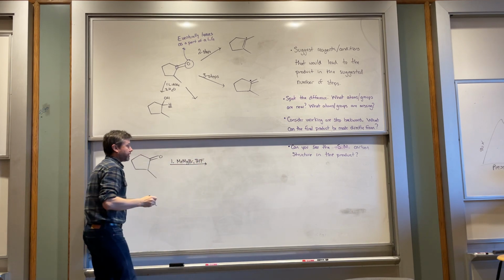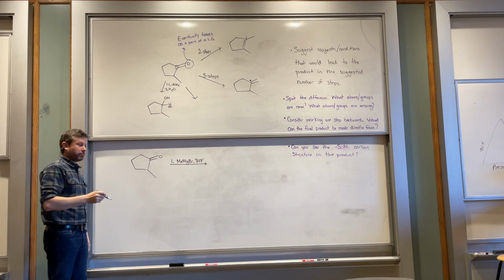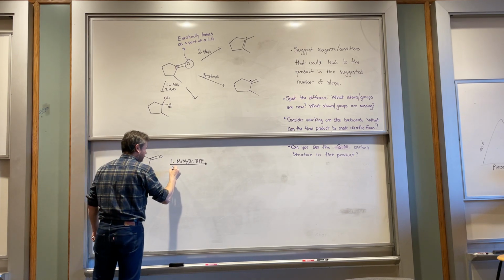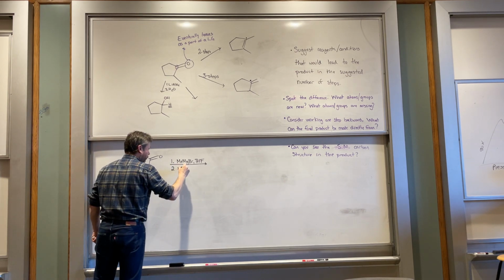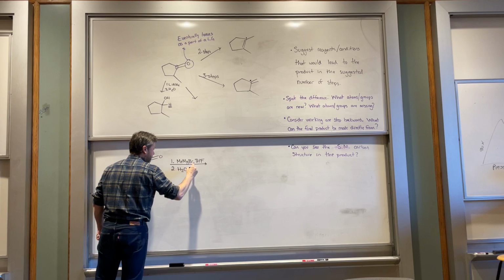We usually do Grignard reactions in tetrahydrofuran solvent. And then we have to work them up with water, usually a little bit of acid.